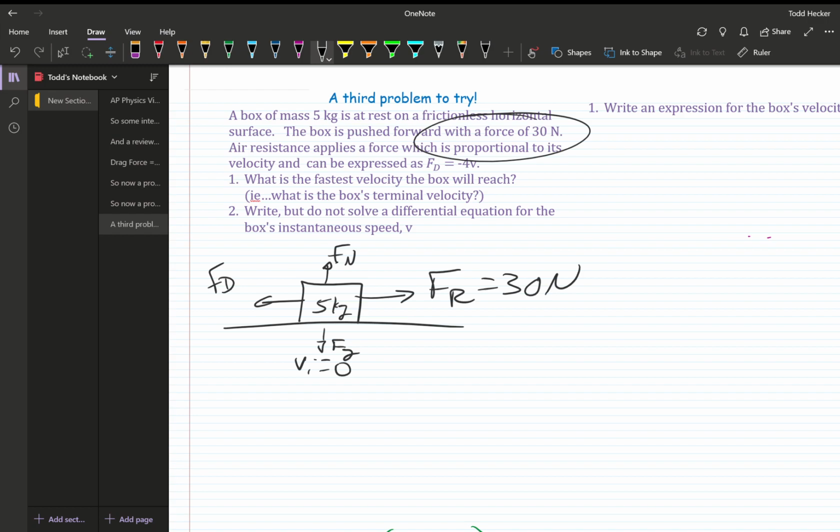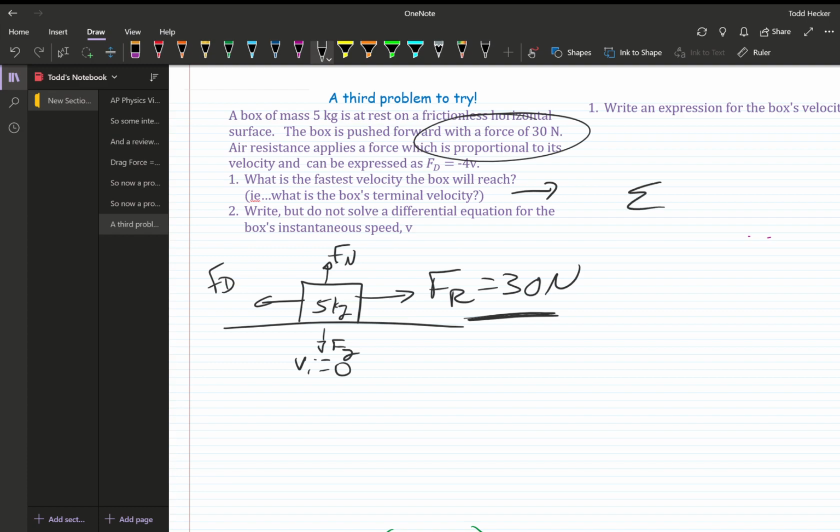Notice question 1 asks for the terminal velocity. Terminal velocity occurs when our net force is 0, because right now Roy's force is bigger than our drag force, so it's going to speed up and speed up until eventually the drag force cancels Roy's force. So question 1, what's the fastest velocity the box will reach?